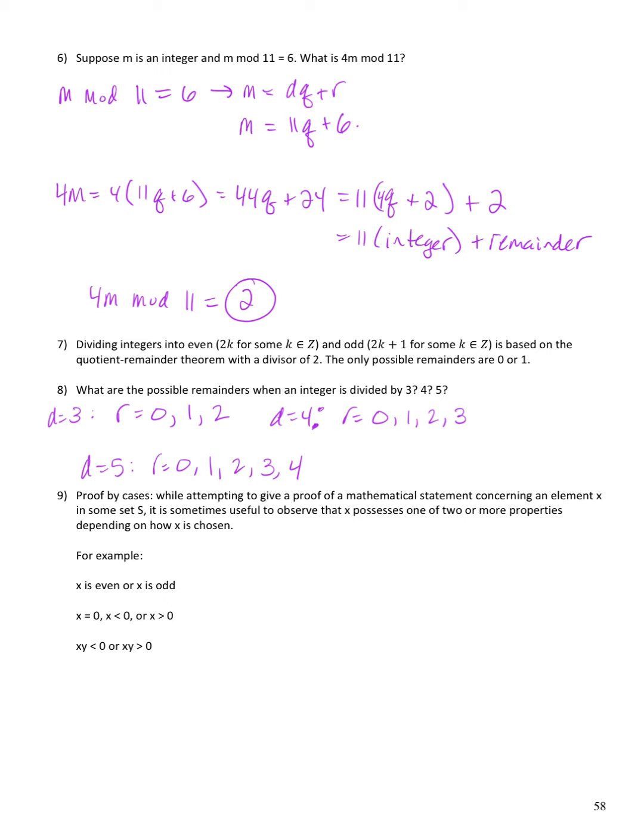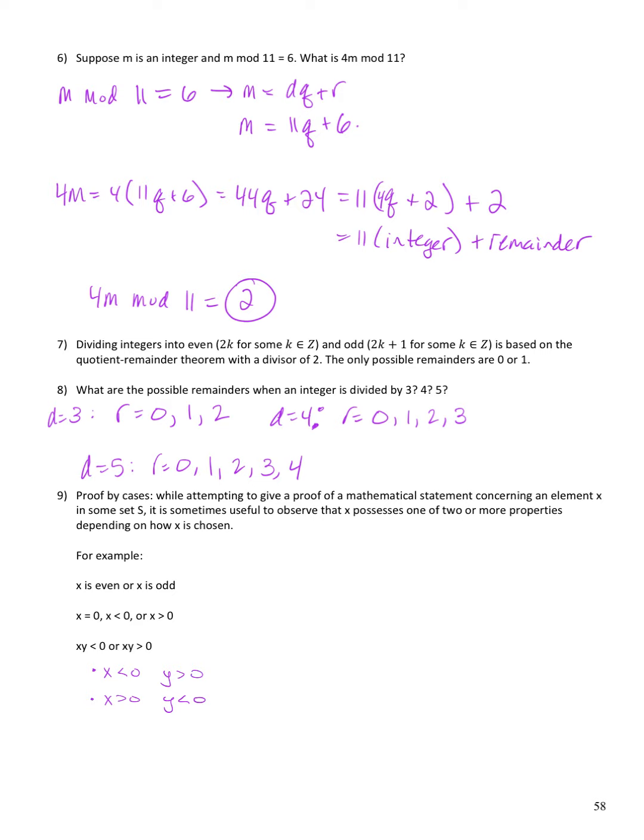Or if we've chosen 2 elements from the integers or the real numbers, it could be that their product is negative or their product is positive, and each of these would actually have subcases, right? So if xy is negative, subcase 1 would be x is negative, y is positive, and subcase 2, x positive, y negative.